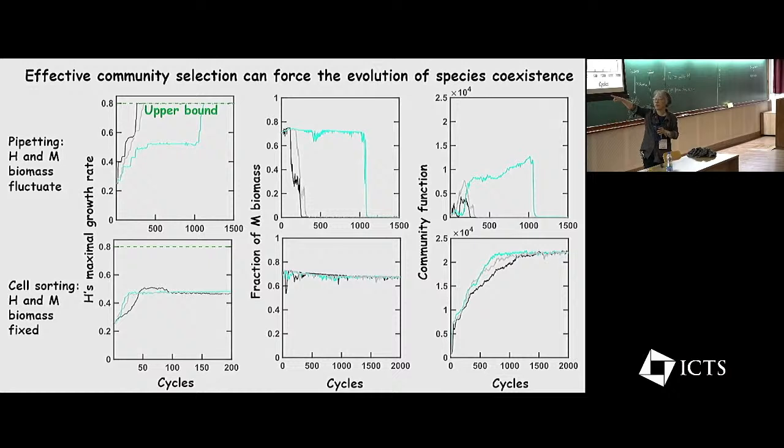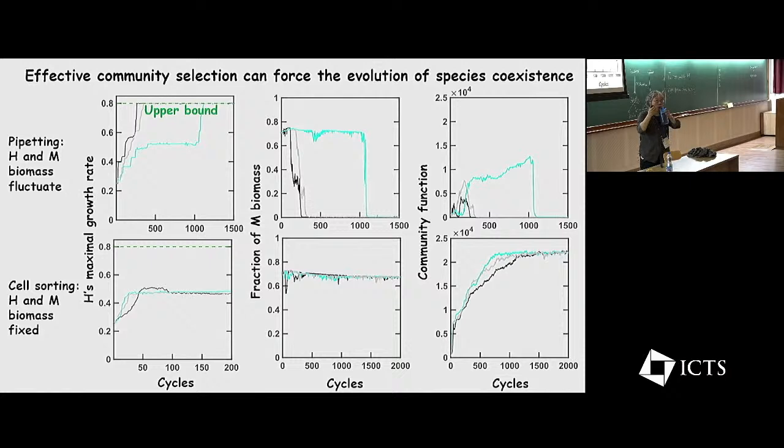But if you do it very precisely, you eliminate this, so the ratio is still the parent ratio, except you do not have these fluctuations in the HM ratio. In that case, H would evolve to be sub-maximal. It has the potential to go to 0.8, but it's restrained now to below 0.8, and M does not go extinct, and community function is high.